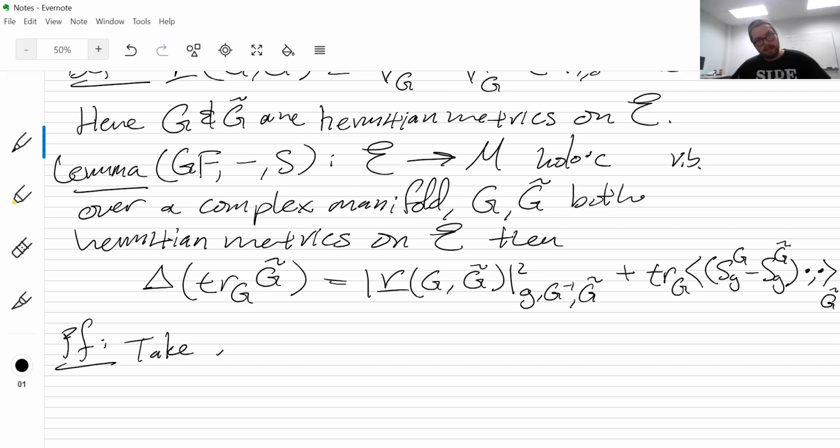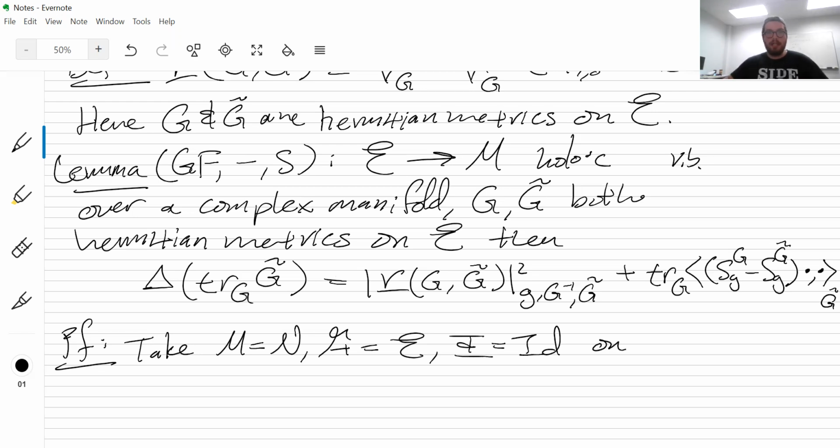So take M to be N, F to be E, and phi to be the identity in the Schwartz lemma for holomorphic Hermitian vector bundles.